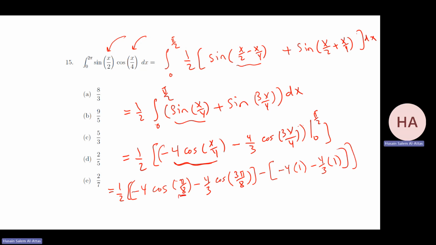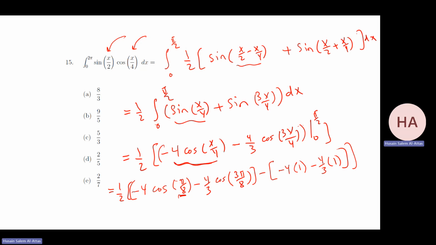Now how to do cosine pi over 8? I need to apply the cosine half angle. I don't think we need this. Did we make a mistake somewhere?